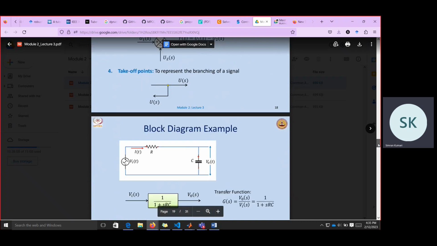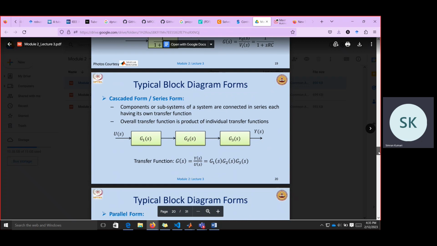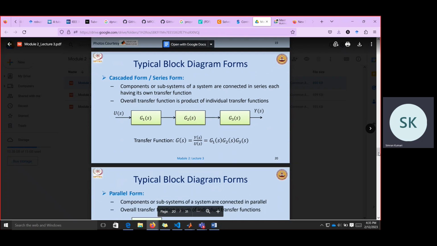Then we have take-off points and all, and we have seen how systems can be connected. It's a series connection if the output of one is going to the input of another. In that case, this output is given to this one, so the whole transfer function is the multiplication of the individual transfer functions.